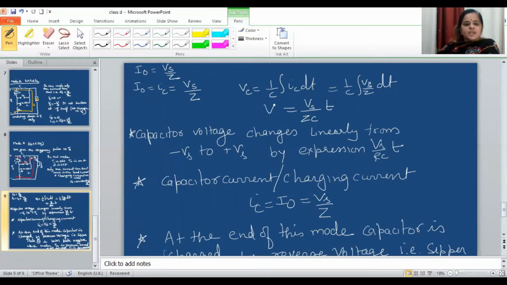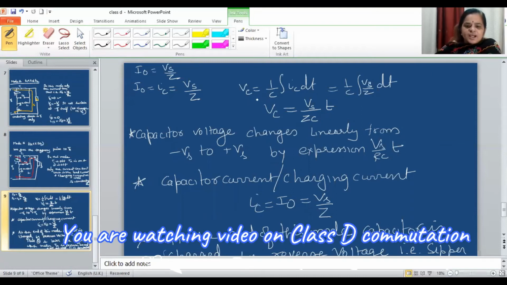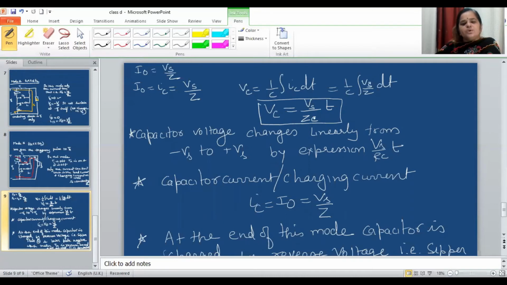So that means in this mode, as the charging current is constant, the voltage across the capacitor changes its value linearly with a slope of Vs by ZC, because Vs by ZC into T is the equation for a straight line. So this is what I want to tell you.